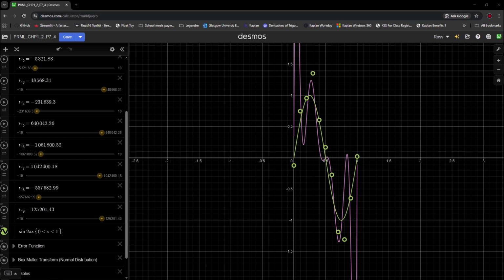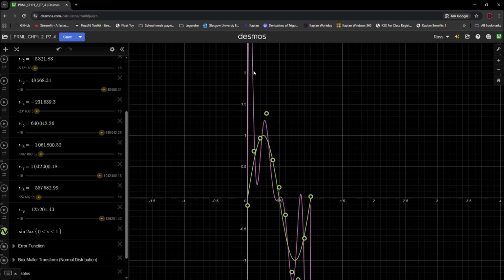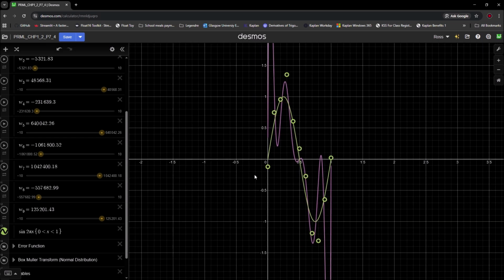Now, one thing to note here is that we have an issue, and the issue is that if we were to increase the number of weights, in this instance we've increased them to 9, then we actually get something called overfitting. Ideally we want this pink curve here to hug very closely to the green curve.